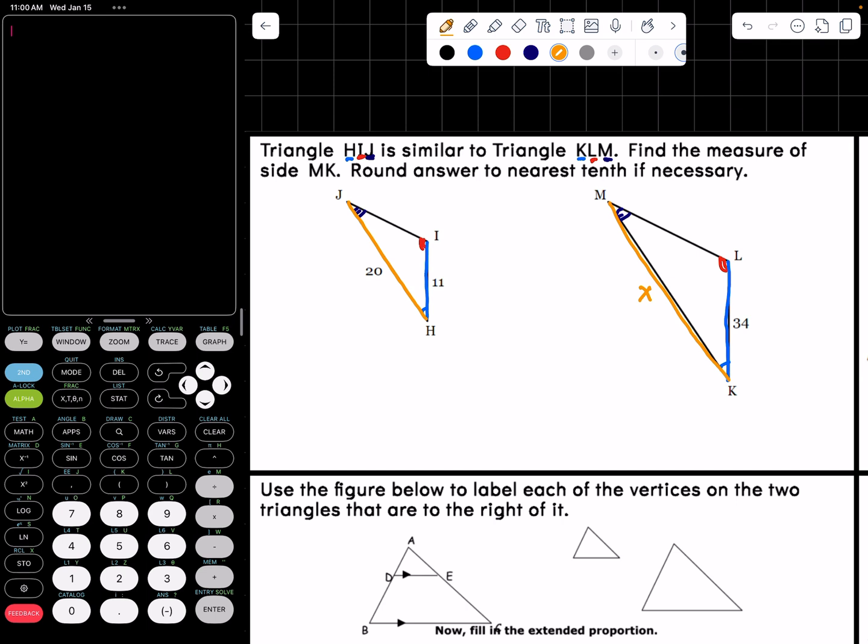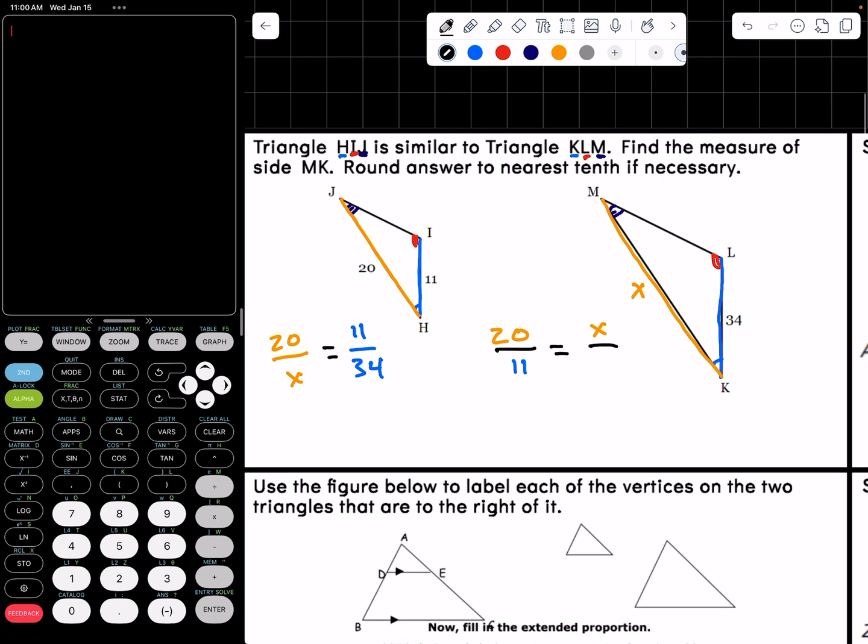There are a couple different ways we can do this, and we'll talk more in depth later. But I can set up a proportion that says 20 over X equals 11 over 34, or I can set up another proportion that says 20 over 11 equals X over 34.